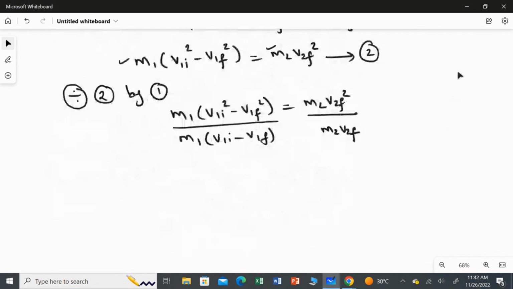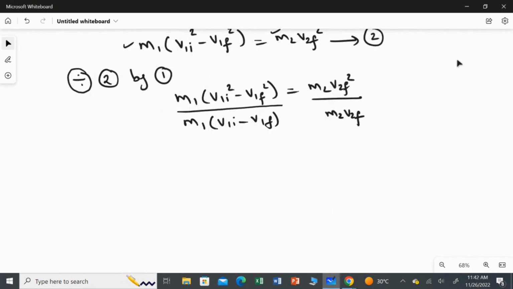Clear? Now I'm going to apply the a square minus b square formula. As we already know, a square minus b square is equal to a plus b multiplied by a minus b. So I'm going to apply this rule for this term.